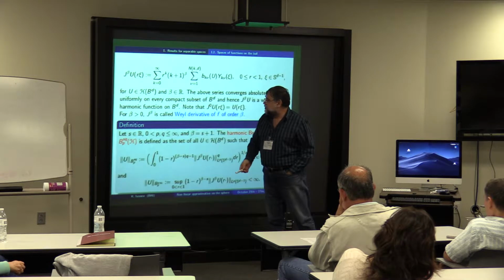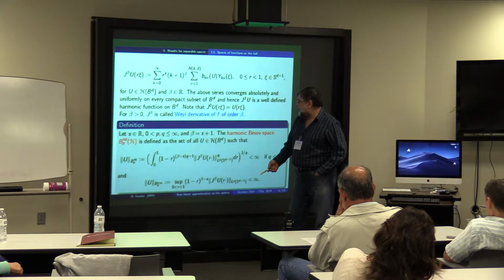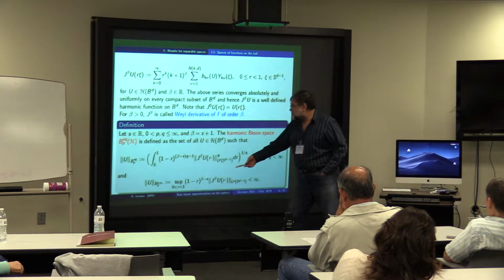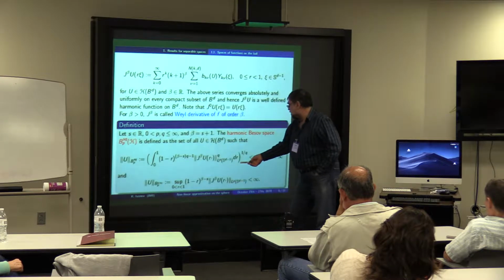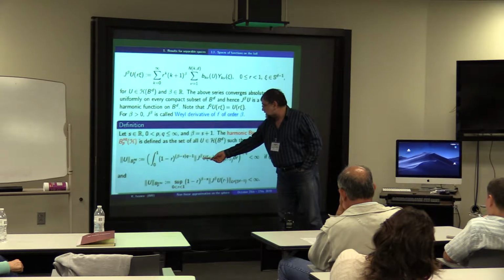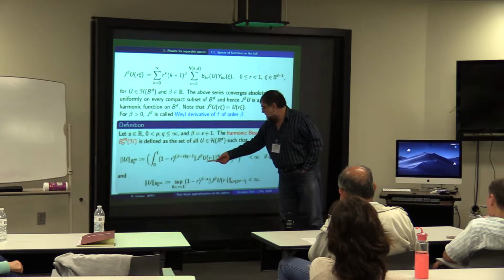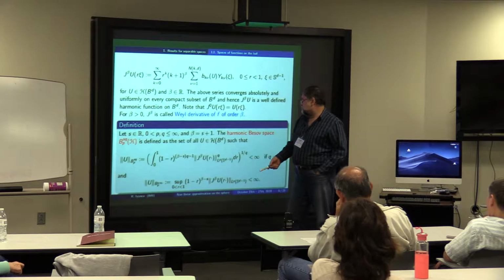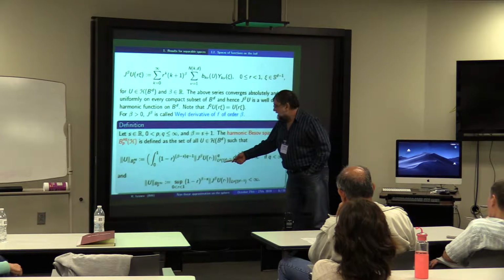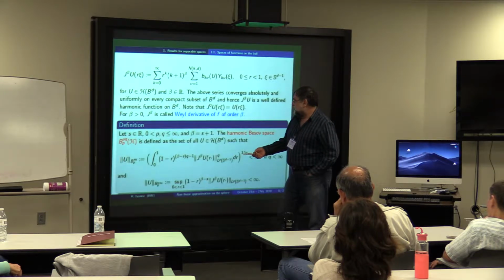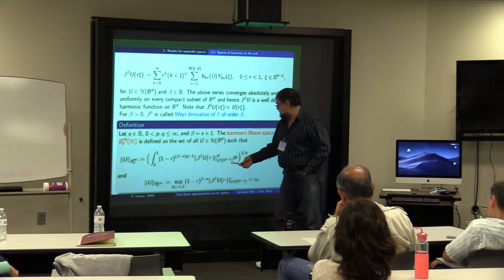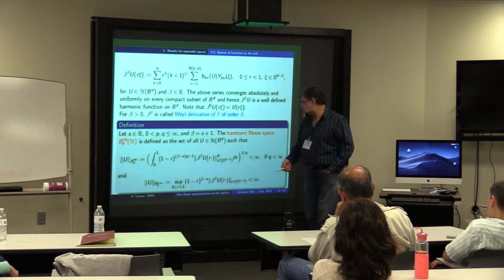B, S, Q, P is defined as the set of all harmonic functions u for which this norm here is finite. We have the beta derivative of the function u, take the norm in LP on the boundary, and after that take the LQ norm of this expression in the radius direction.